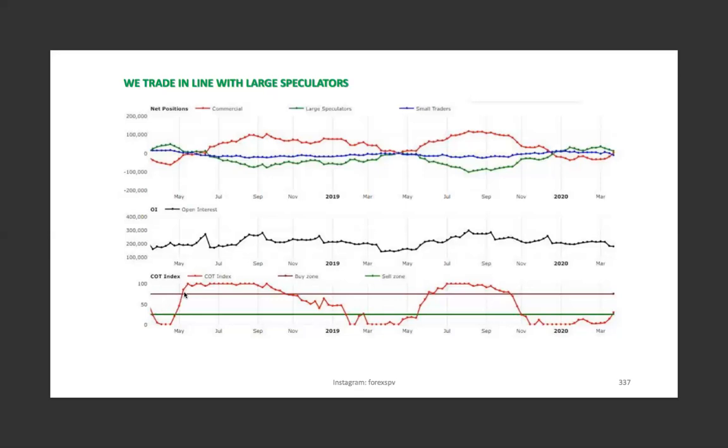But with RSI, when the price line is at this point, we usually look for sales. For the COT index, it's like the commercials here. So if it's up here, it's a buy zone. You see the market is down. The market will be forming a peak formation low. And here is an area for you to look for sales. The market is up.